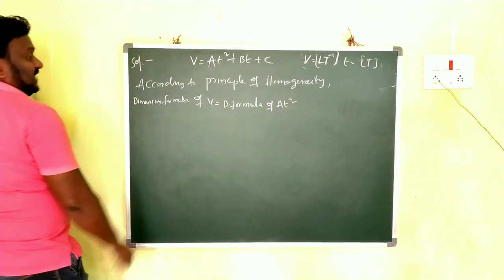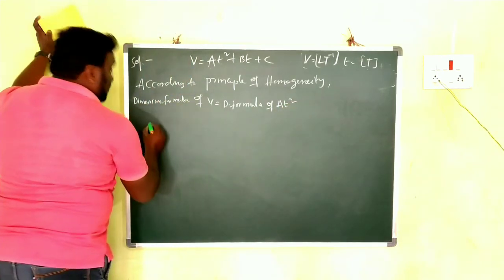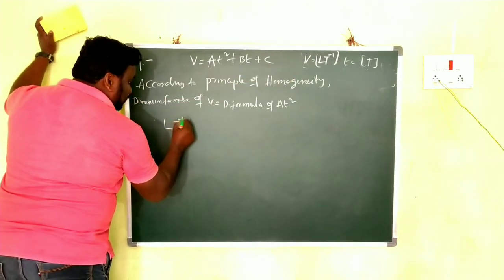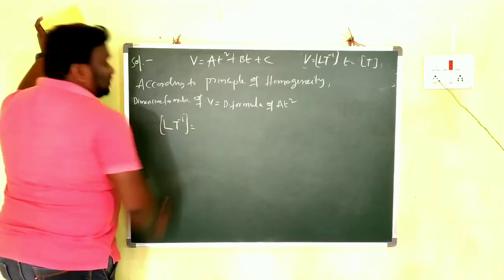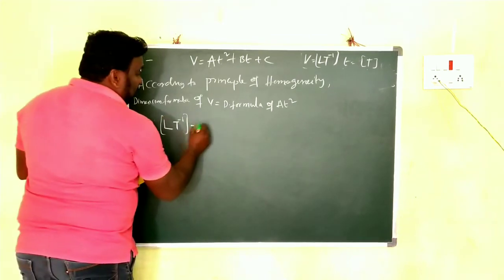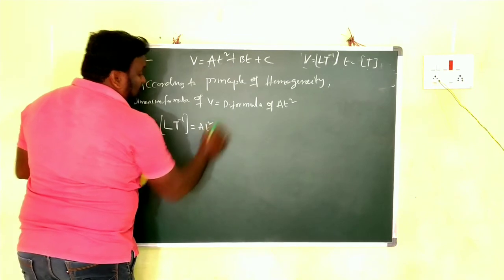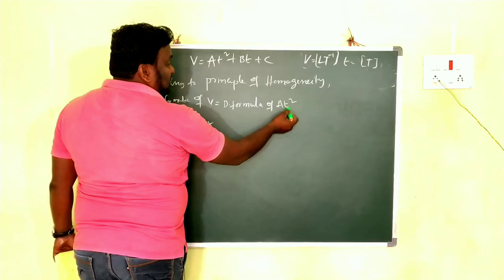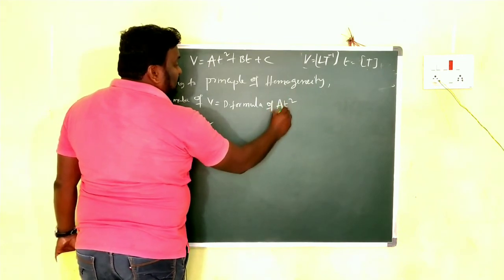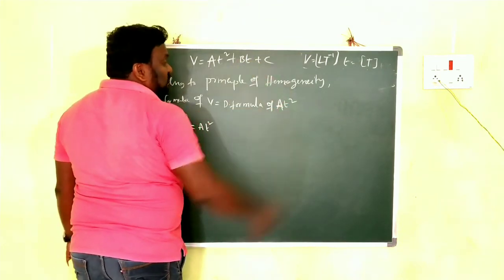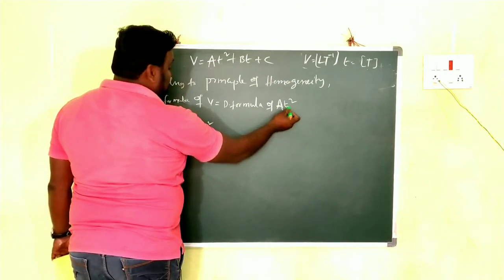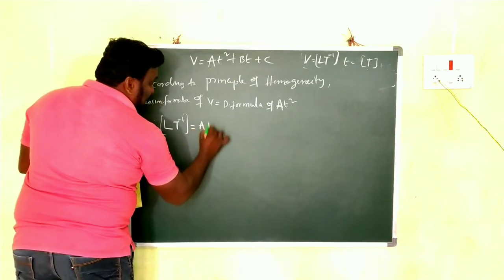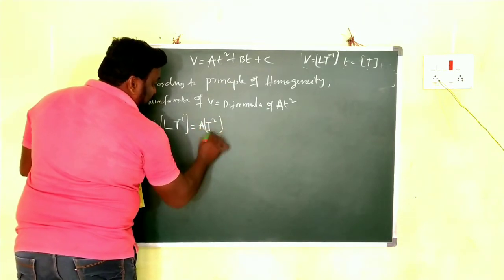So simply we are writing here, the dimensional formula of V is LT inverse 1, equal to A into T square. Here what is T? Time. What is A? A is a constant. For A there is no dimensional formula. Only T has a dimensional formula. That's why I will simply write AT square.